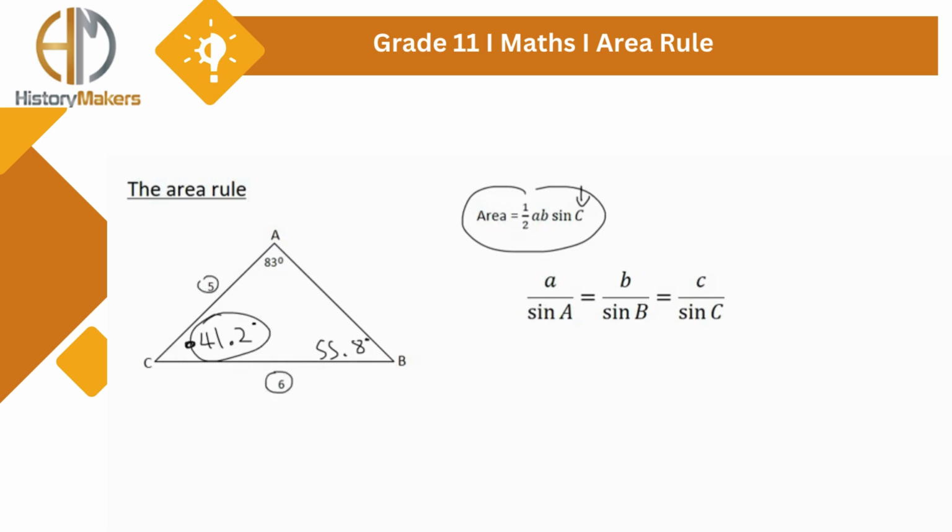There are other ways to do this, but that's all that you need. You just need two sides and an angle. And so that's going to give us an area of a half times 5 times 6 times the sin of 41.2. And if you go work that out, you end up with a value of 9.88.